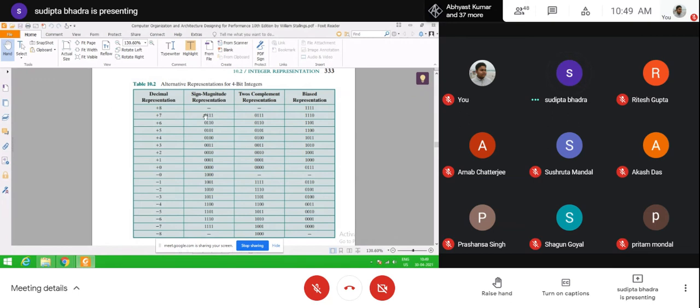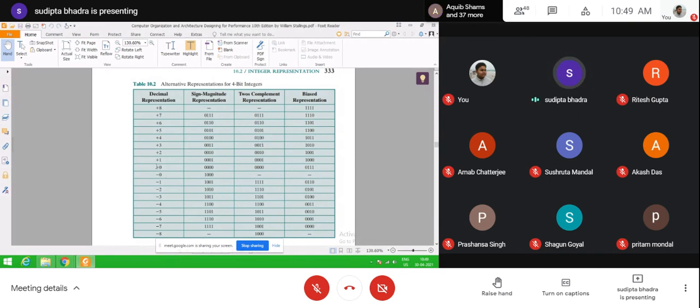So here plus 7 is 0111. In 2's complement also plus 7 is 0111. So you see from plus 0 to plus 7, the sign magnitude representation and the 2's complement representation are the same.